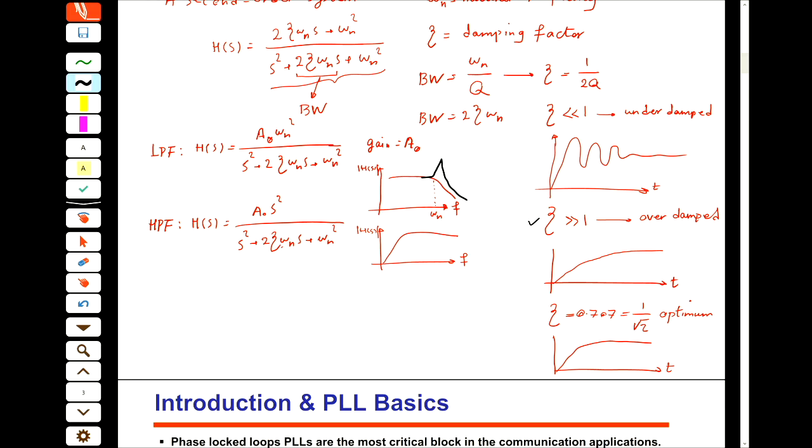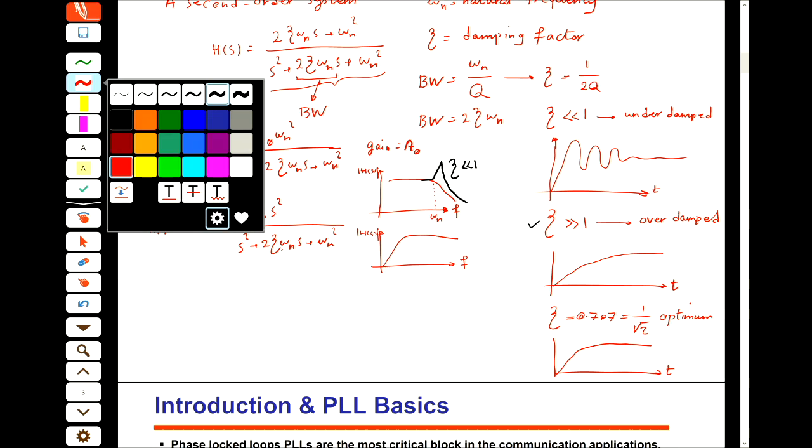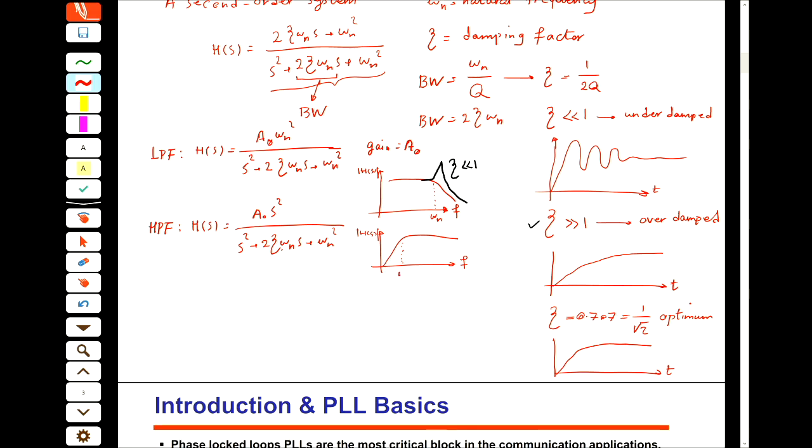So this is for zeta much less than 1. And again here, this is omega n.